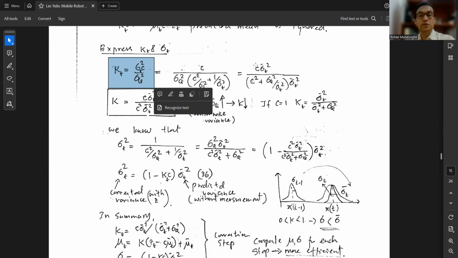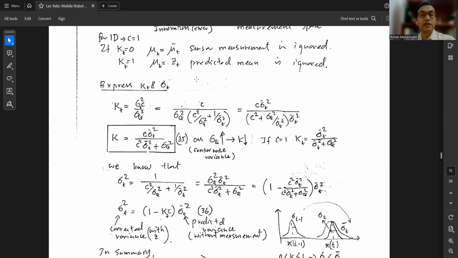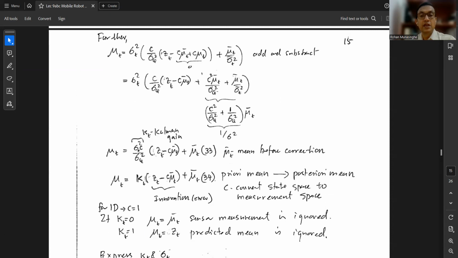Okay, now you can substitute for this equation from the previous equation, because you saw that sigma bar squared in the previous slides over here, right? So you got that one.